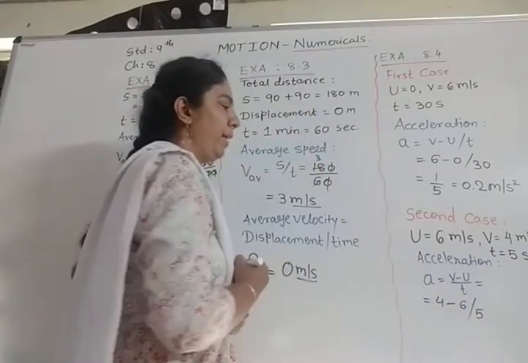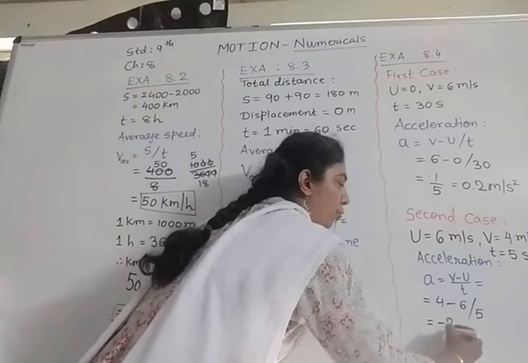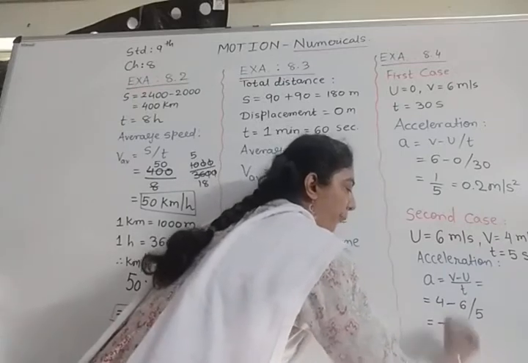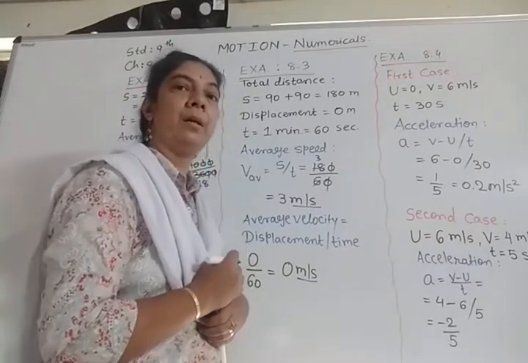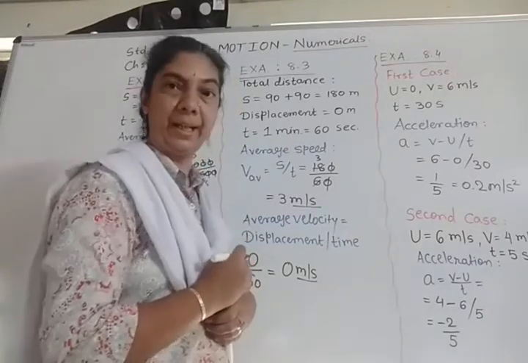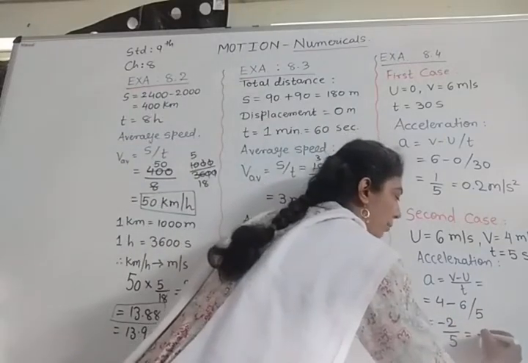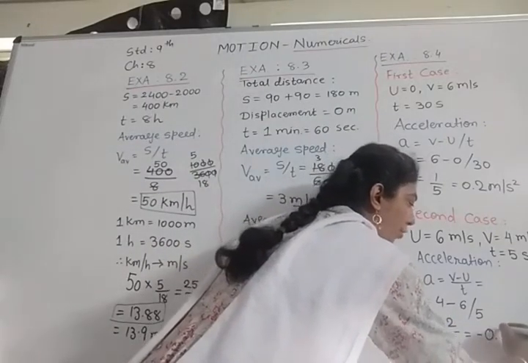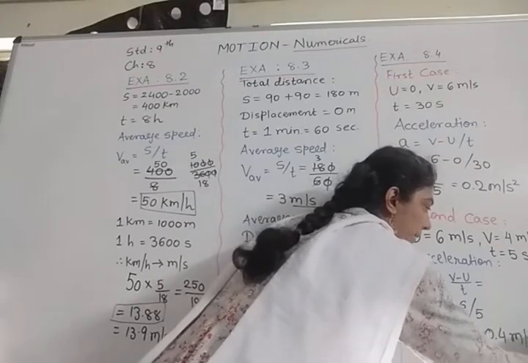So I will get 4 minus 6 as minus 2 upon 5. And we know that 5 4s are 20. That means I can write it equals minus 0.4, and the unit is meter per second square.